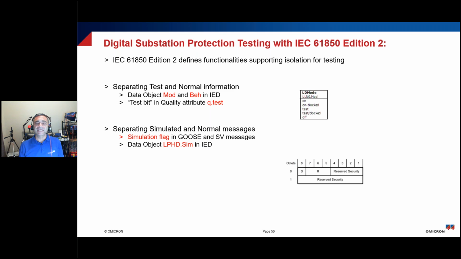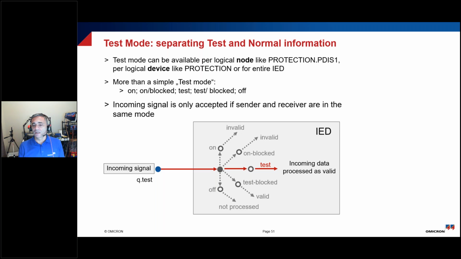And another one is a simulation mode. You can put a device into simulation. So here I'll get onto this next diagram. This diagram is just basically saying that the devices both have to be in test mode in order for an operation, or a command, to be accepted.